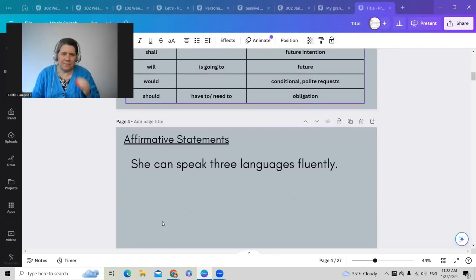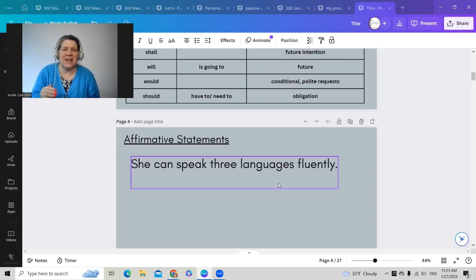Okay? Our first one is, she can speak 3 languages fluently. Now, before I really get into this, I want you to hear me say that again. I said, she can speak. The modal verbs are rarely stressed in a sentence, she can speak.